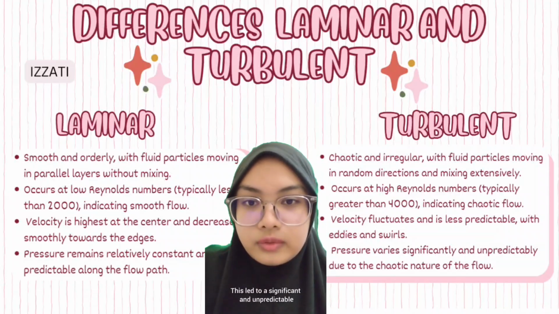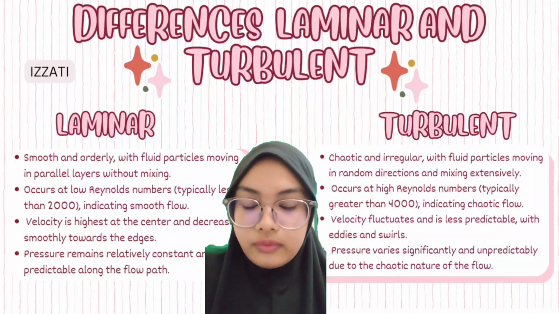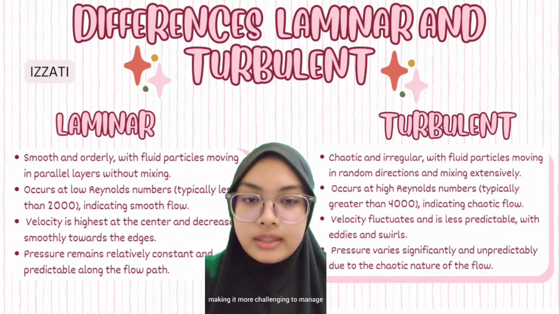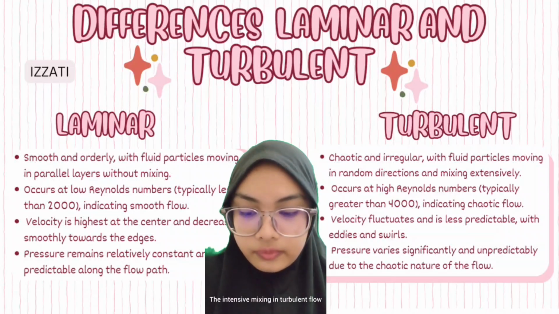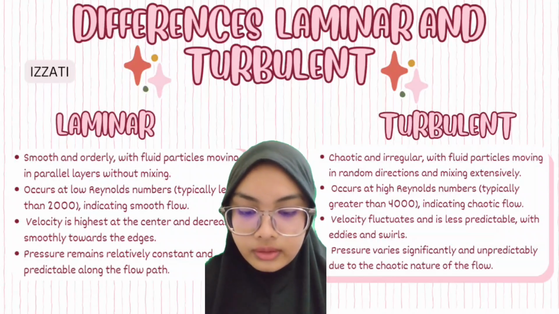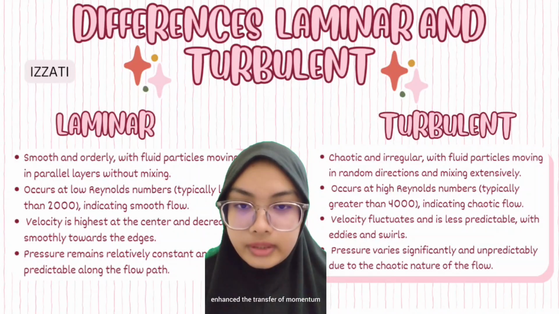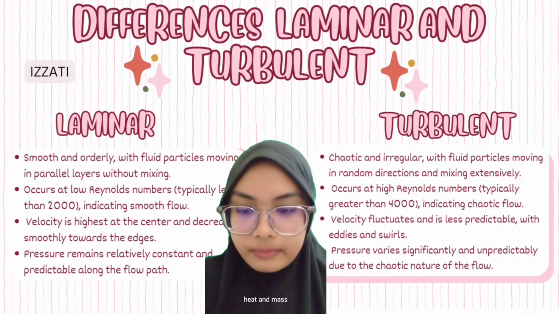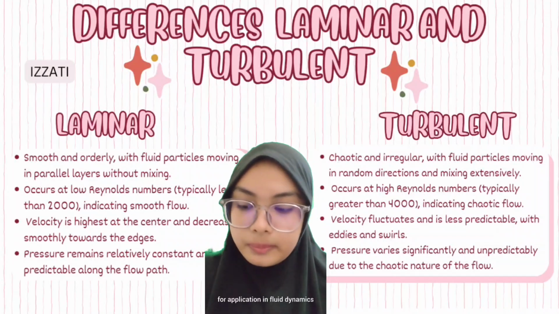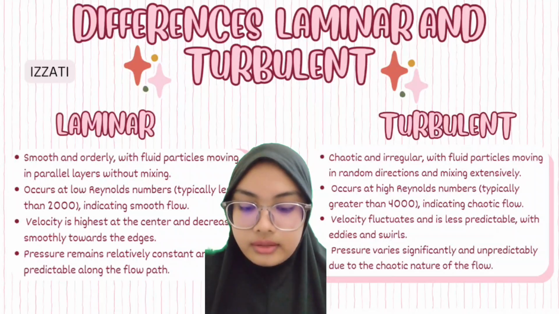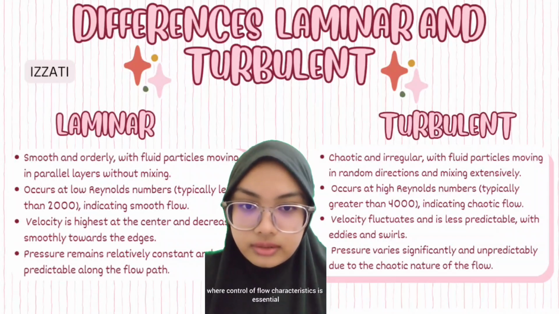This leads to a significant and unpredictable variation in pressure, making it more challenging to manage. The intensive mixing in turbulent flow enhances the transfer of momentum, heat, and mass. Understanding these differences is crucial for applications in fluid dynamics, where control of flow characteristics is essential.